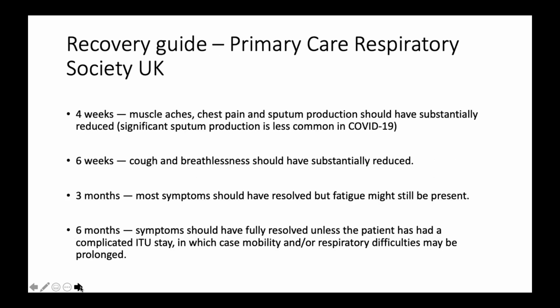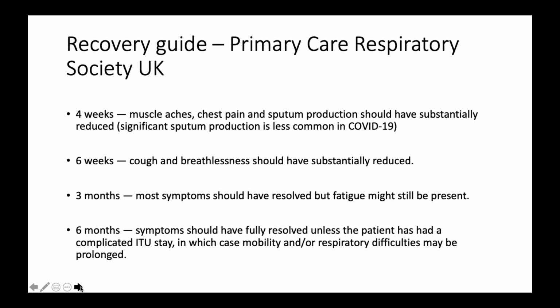I found this resource from the Primary Care Respiratory Society in the UK talking about what is a reasonable expectation for symptomatology. Some of this is based on COVID-19, but a lot of it is based more on SARS and MERS. The predominant symptoms are muscle aches and chest pain.